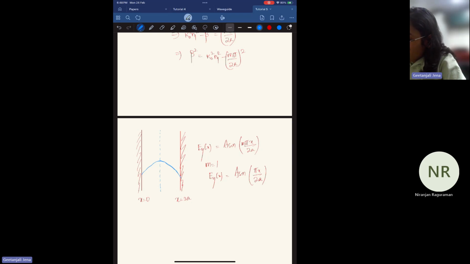And if you look at the higher order mode, it will be like this, which is the odd function. So m equal to 1, 3, 5, odd numbers, will correspond to symmetric modes, and m equal to 2, 4, 6 will correspond to antisymmetric modes.